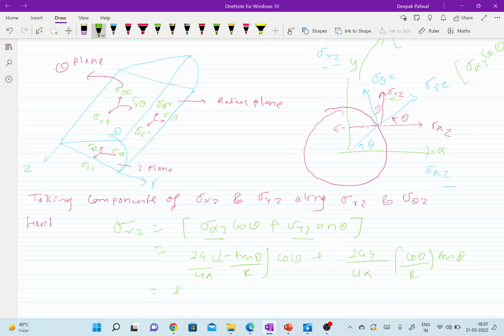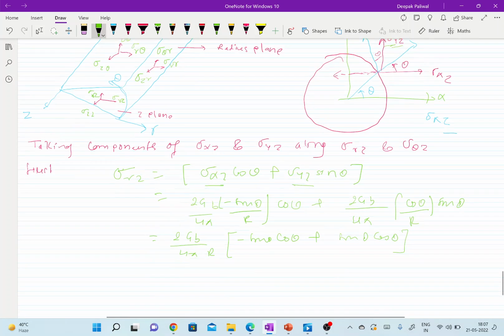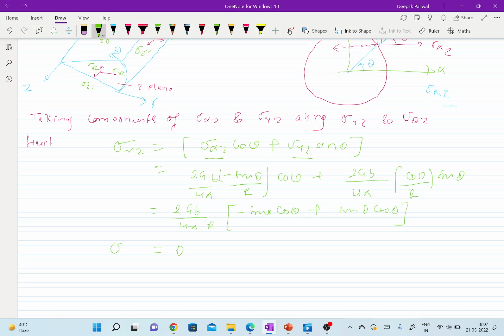Now taking common 2gb by 4 pi r, this is minus sin theta cos theta plus sin theta cos theta. So this would become 0. So on the jet plane along the radial direction, the stress is 0.